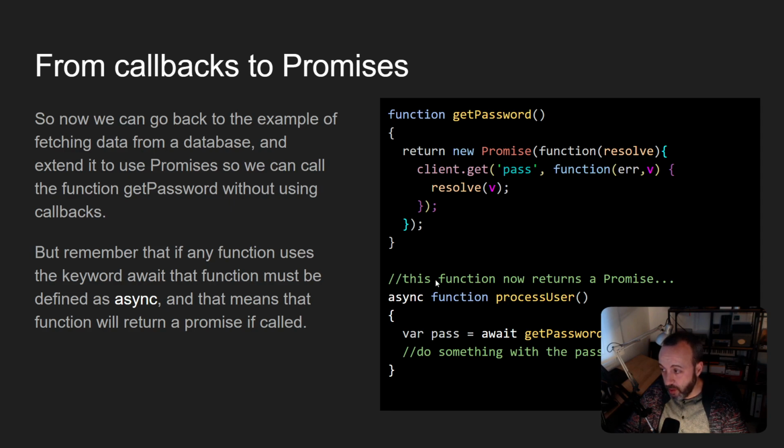So when it returns this promise, it's going to wait here, and when the database answers, it's going to continue executing the code. So suddenly, you have transformed code that looks asynchronous into something that looks synchronous, but it's not. It's still asynchronous, but it looks like it's synchronous. So it's easy to read, okay?